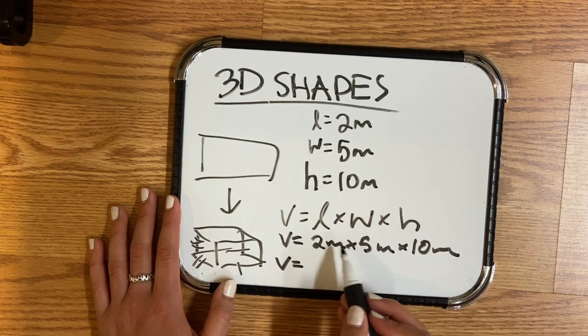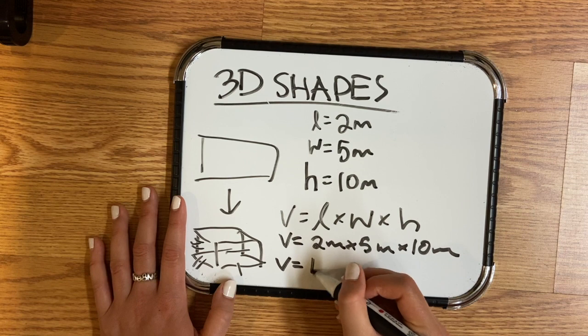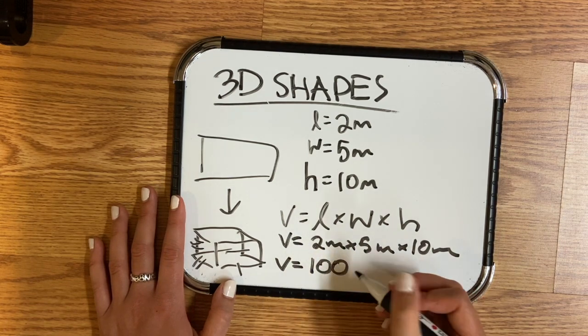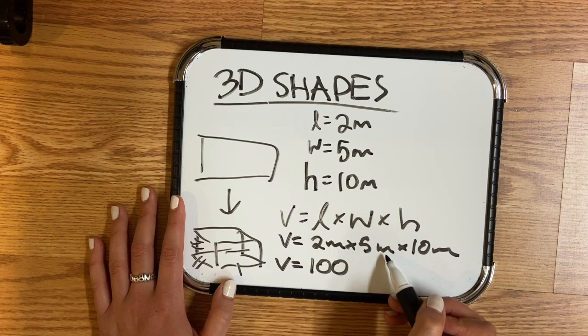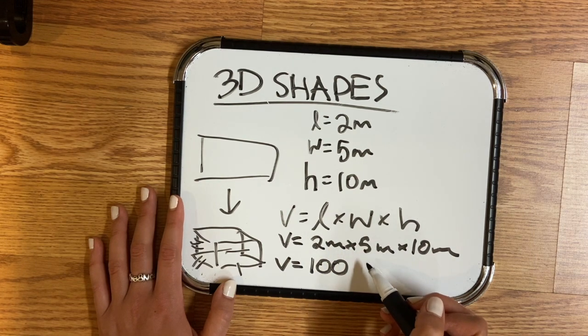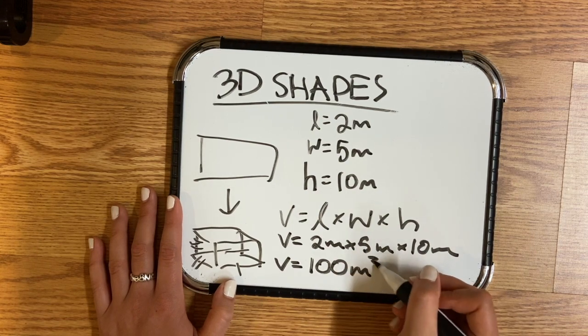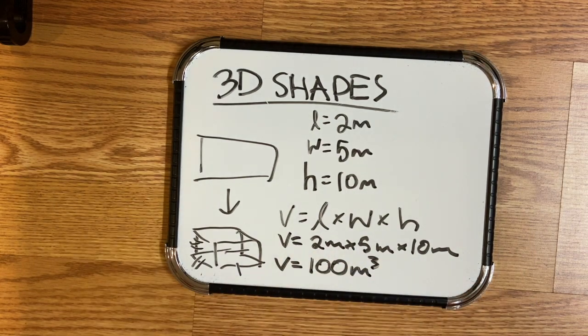So we get 2 times 5 is 10, times 10 is 100. But don't forget to multiply the meters, which gets us 1 meter times 1 meter is meters squared, times another meter is meters cubed. That's our final answer.